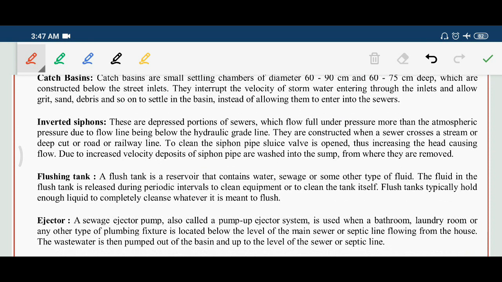Inverse siphon is nothing but the depression portion of a sewer. Let us say there is an obstacle like a railway, roads or deep cuttings. Inverse siphon is provided there. So there will be a depression. Let me draw properly.